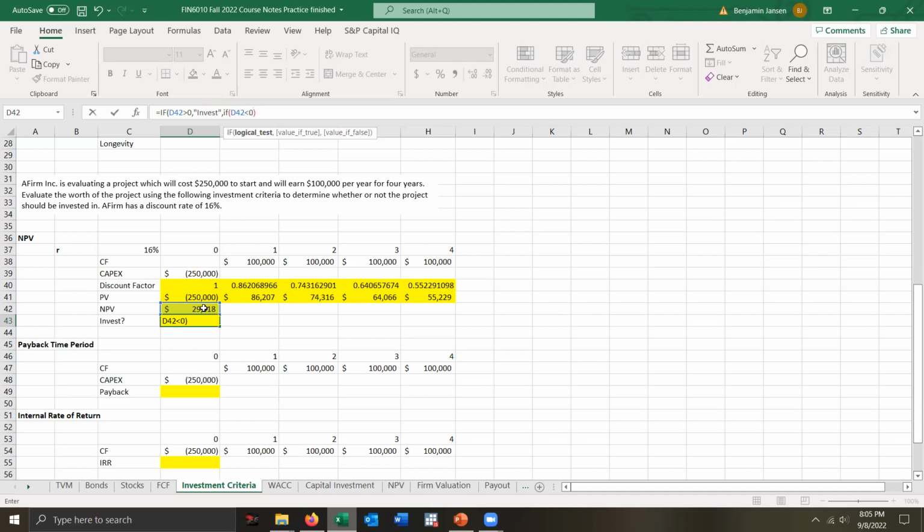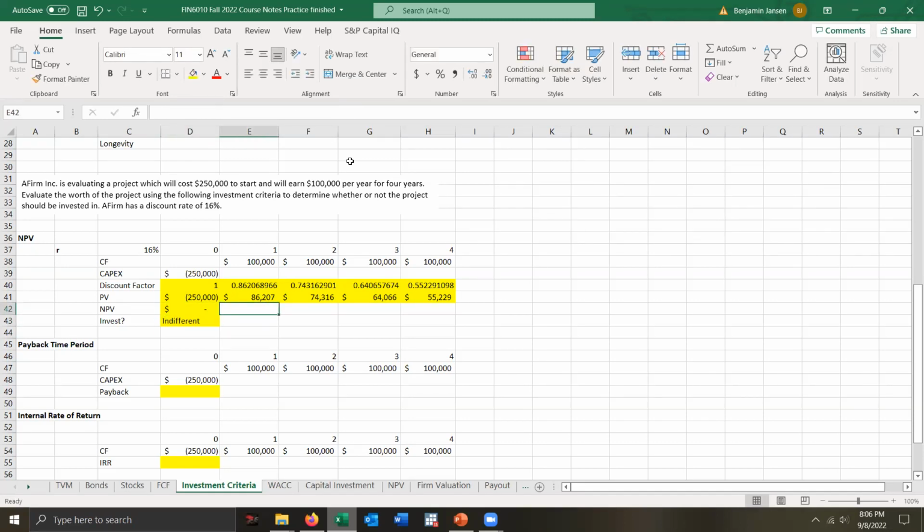So if the NPV is less than 0, then we're not going to invest. And if false, we're indifferent. Just to test this out, equal to 0, we're indifferent. It's negative, don't invest. So now we have our nested if statement, and it's automatically telling us whether or not we should be investing in the given project.